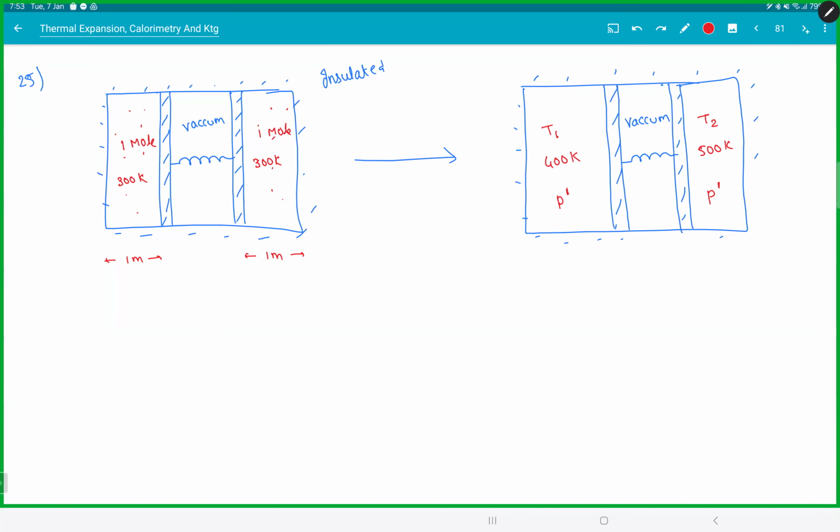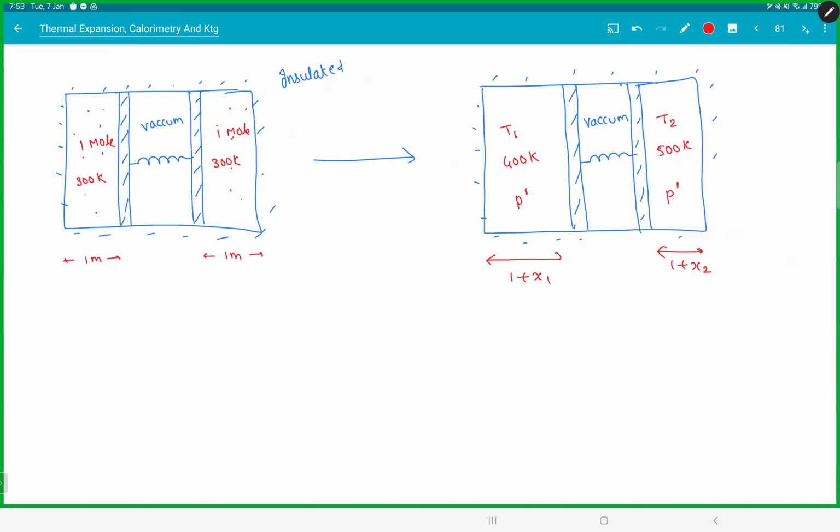The system is in equilibrium, so both gases must have the same pressure. Let this one expand by x1 and let the other expand by x2. Now we don't know x1, we don't know x2. If I can find x1 and x2, my job is done.